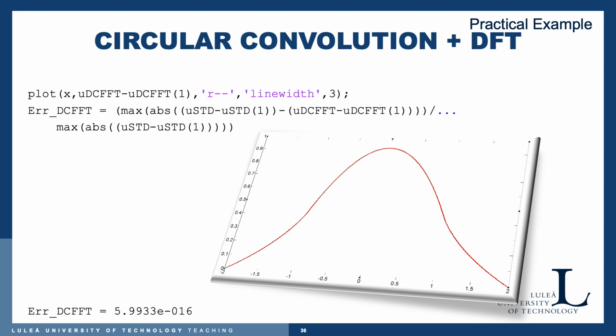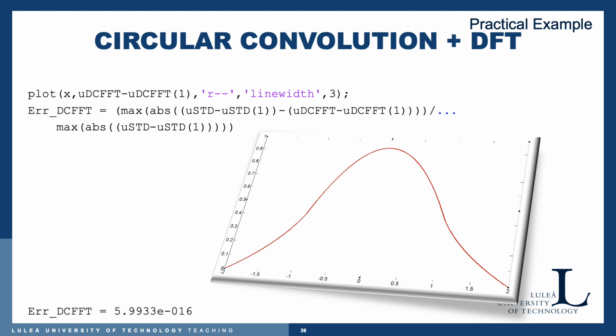The reason for doing that, of course, is because we're going to show that it's numerically exact. When we plot them, we just see through between the dashes in the red line, which is now representing the DCFFT computed deformation, and in the dashes in that red line we see through and see the values of the standard way of carrying out the deformation by matrix vector multiplication, which is plotted in black.